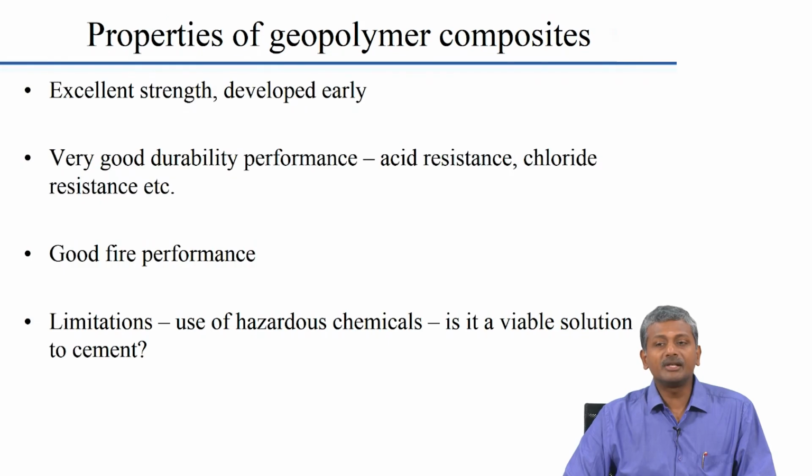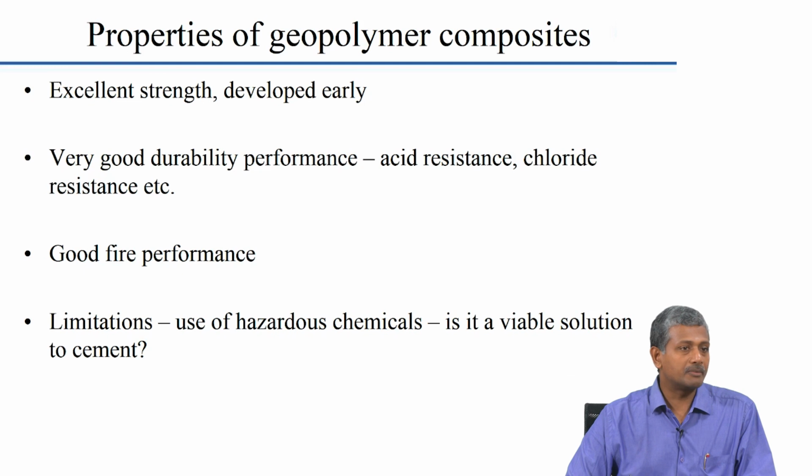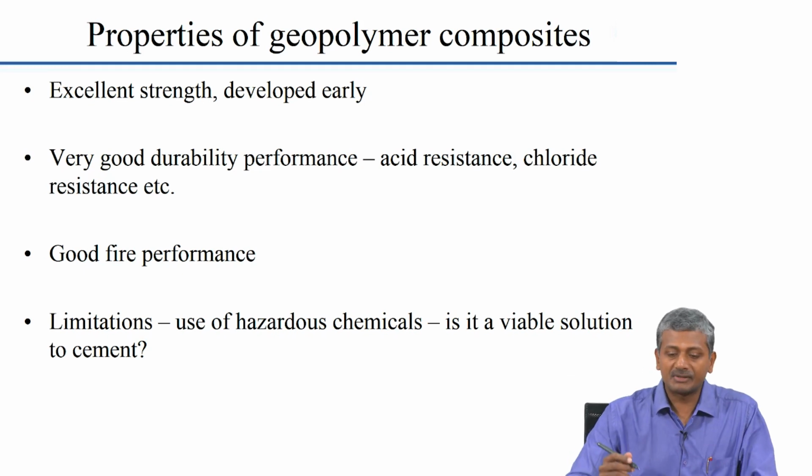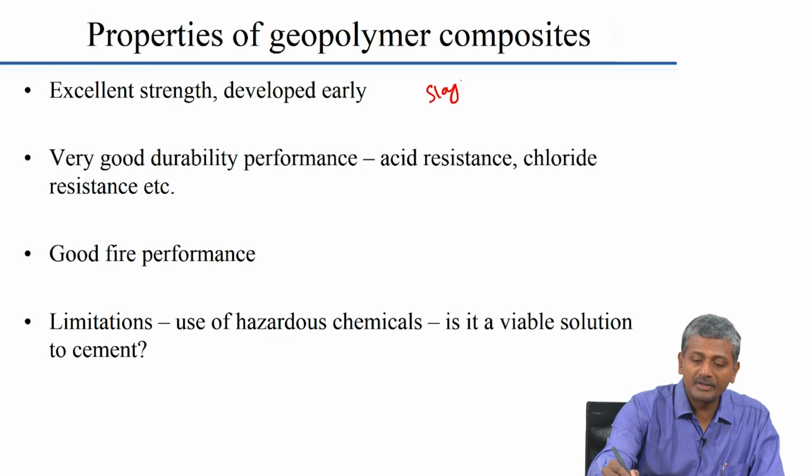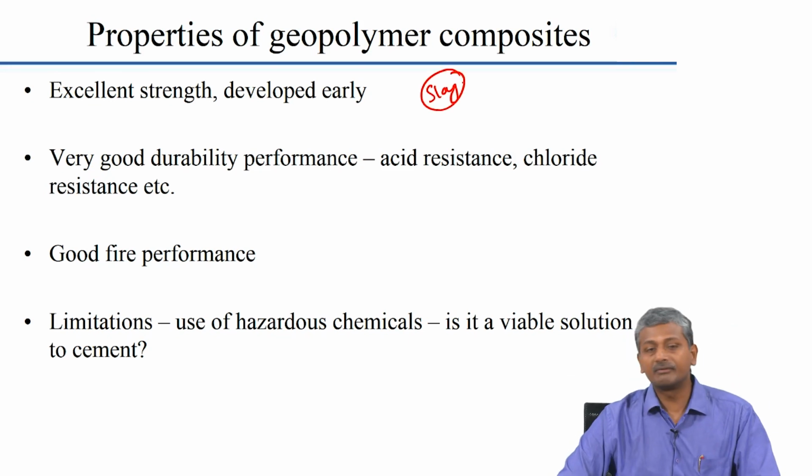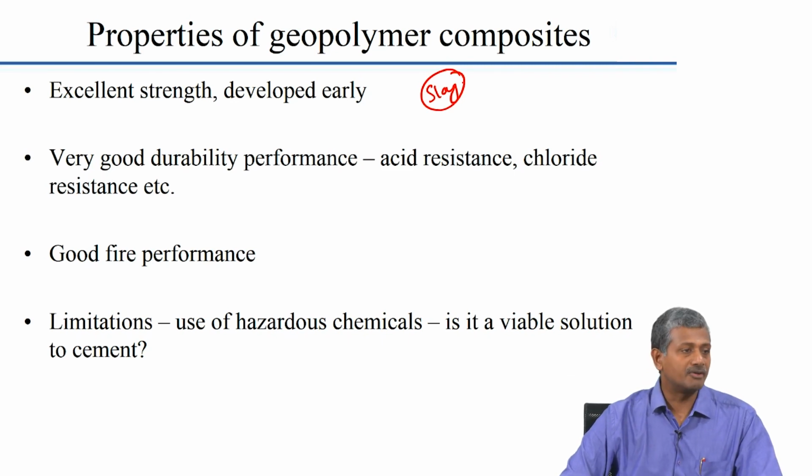Generally geopolymer composites, as long as you are satisfying the curing requirements, will end up giving you very high strength early enough. Especially with slag, the slag based alkali activated systems will give excellent strength at an early stage. The one drawback is when you use slag for geopolymeric systems or for alkali activated systems, you may end up losing your workability very fast.